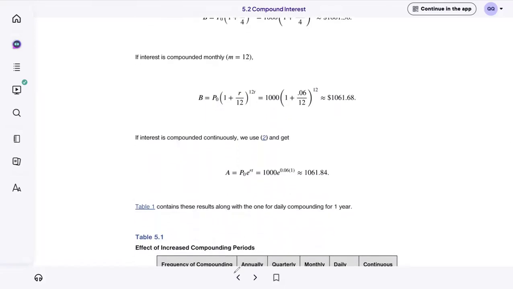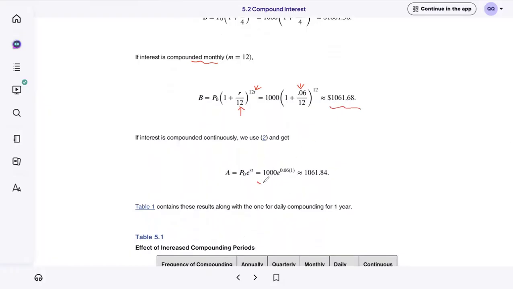Right. In the previous case, if compounded monthly, the interest rate is 6%, and compound monthly means M equals 12. Right? If it's for 1 year, like T is 1 year, because the compound is 12, so we calculate, so that's this amount.